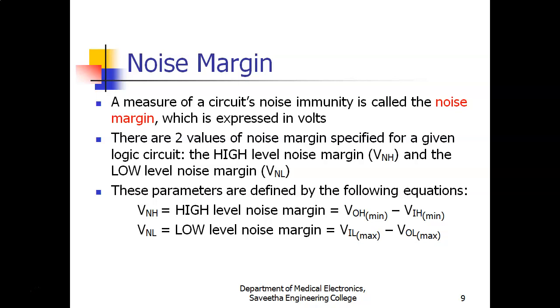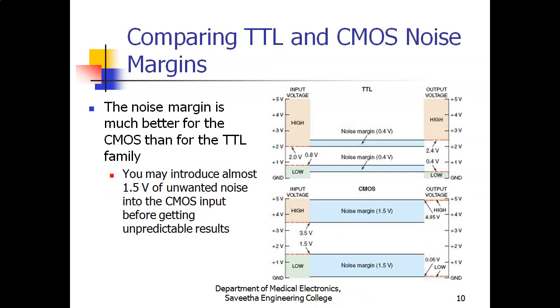And next is the input low maximum minus the output low maximum, which gives the low level noise margin. Comparing TTL and CMOS noise, this image gives clear information for TTL and CMOS, where you can see the noise margin varying.